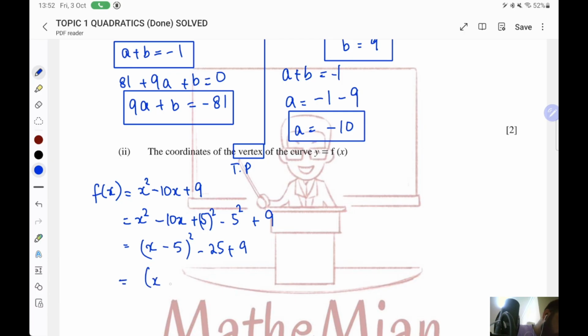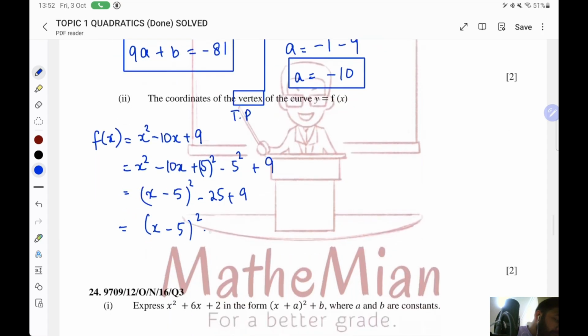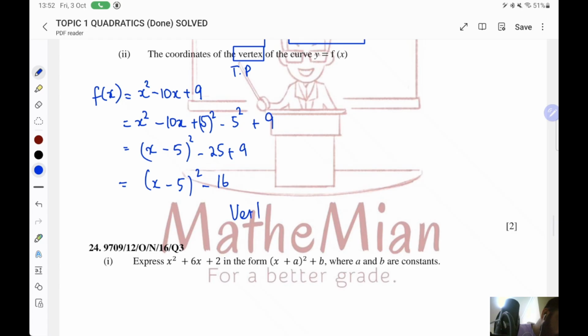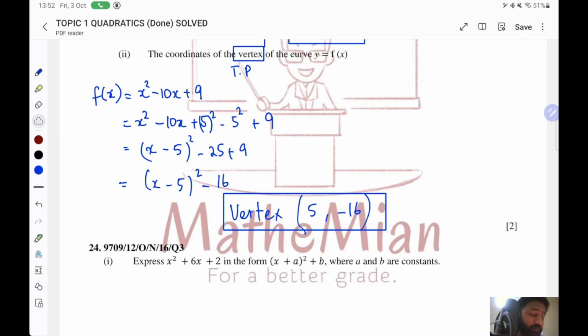So x minus 5 whole square, and it will be equal minus 16. So the coordinates for the vertex will be plus 5 and minus 16. Okay, let's move forward.